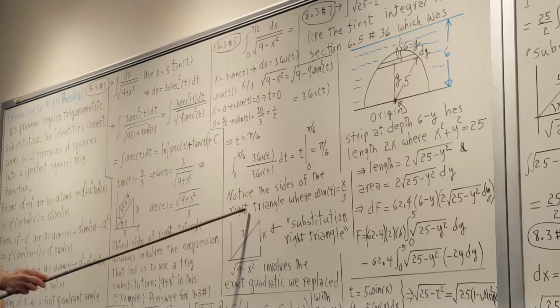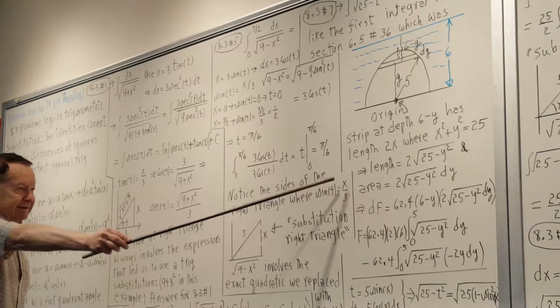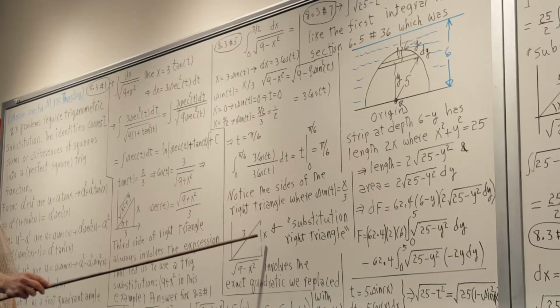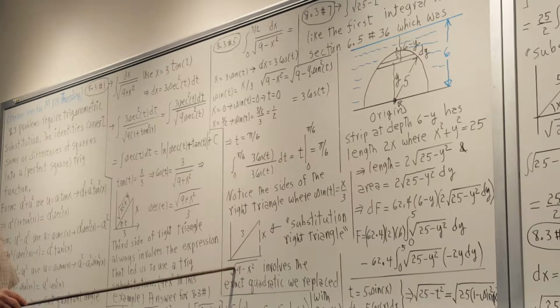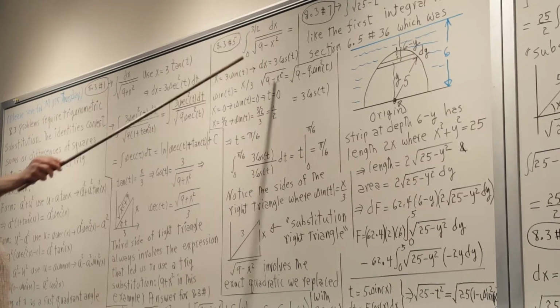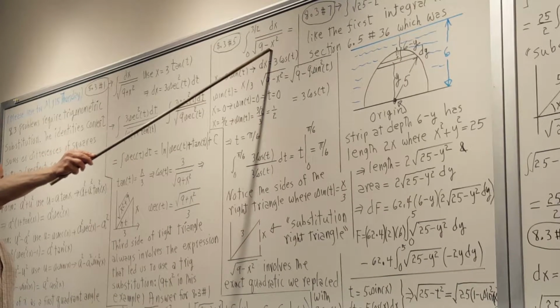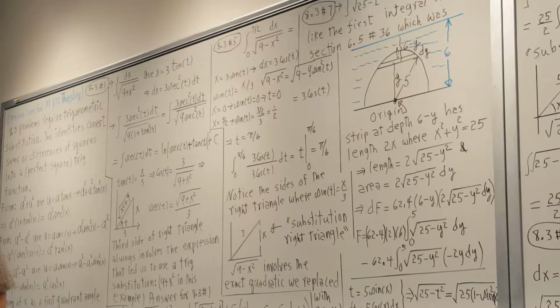Again, if you look at the sides of the right triangle, where sine t is x over 3, here's your x, your hypotenuse. Law of Pythagoras gets you the third side, and that's exactly what you were playing all of this game to avoid, is dealing with this square root of the difference, 9 minus x squared.